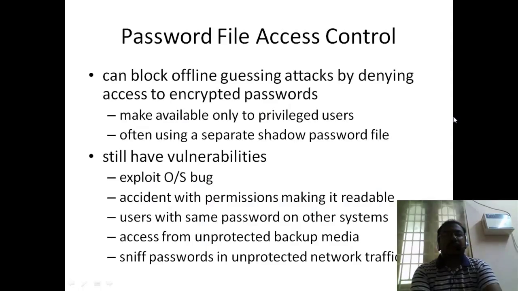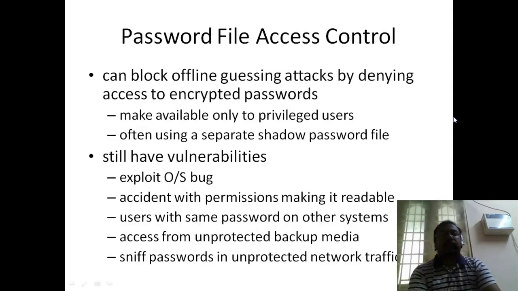Next we are going to see the password file access control. Here you can block offline guessing attacks by denying access to the encrypted passwords and making them available only to privileged users. They often use a separate shadow password file.